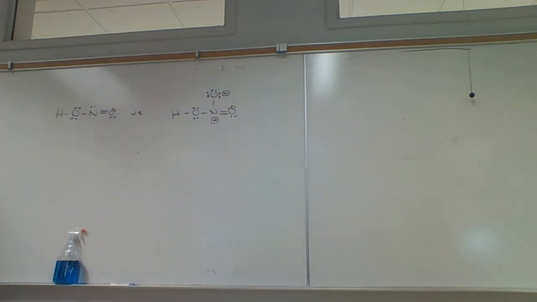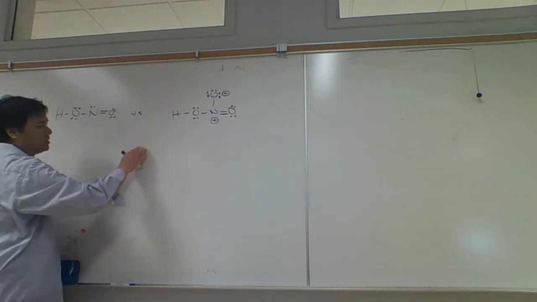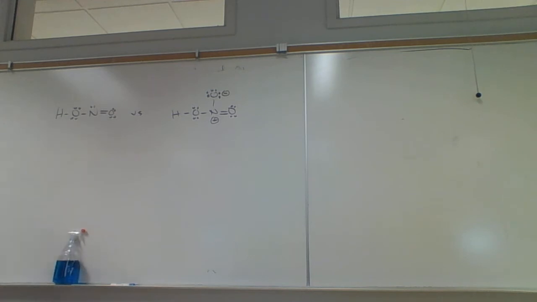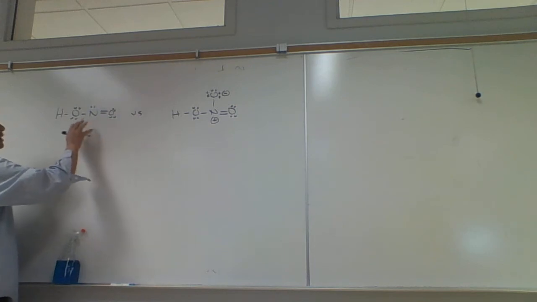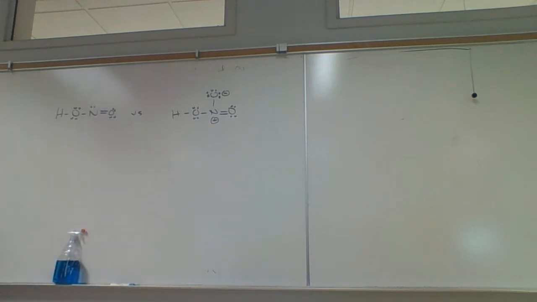But we might think that the acid strengths are the same because this is an HO bond, this is an HO bond. HO bonds have a little over 400 kilojoules per mole for the bond energy. And so you'd think that these are comparable, but it turns out nitric acid is a strong acid, nitrous acid is a weak acid. So what accounts for the difference in acid strength? And that would lead us to the second factor.